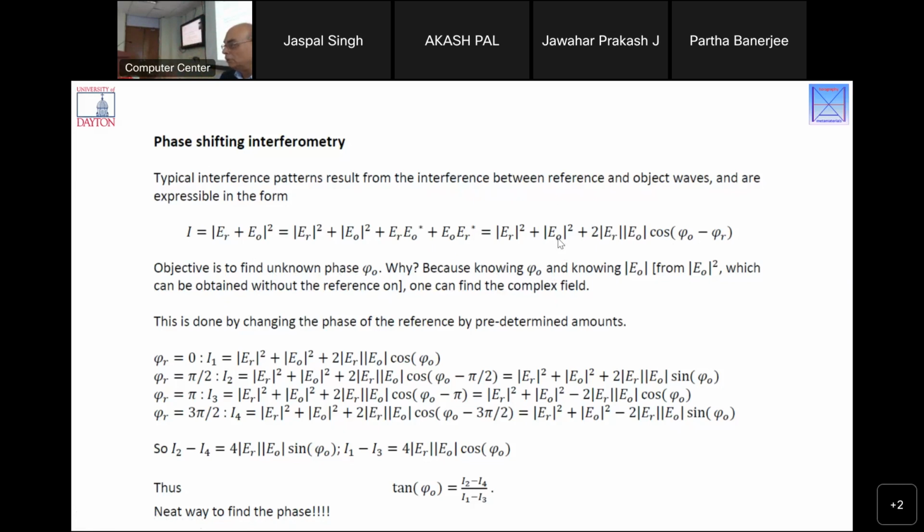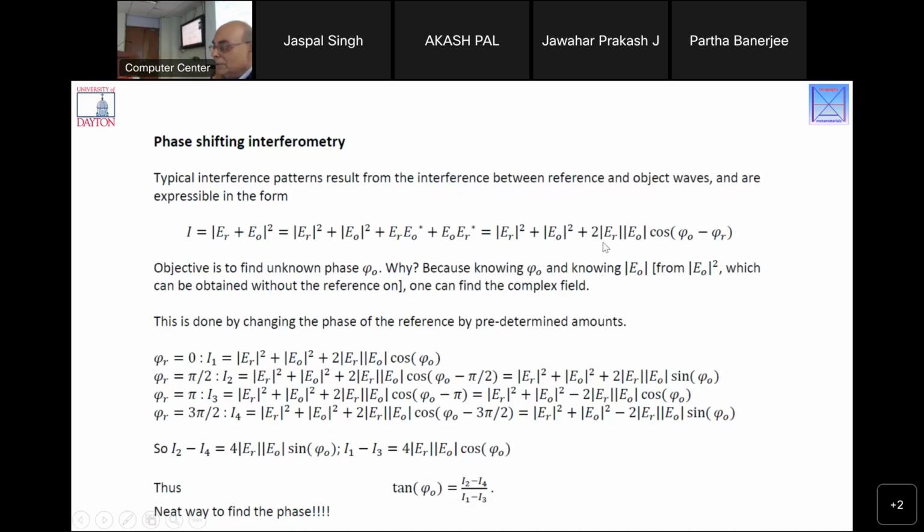If you know the object intensity, you take the square root of that, and you get the magnitude of the object field. And if you can find the phi o, which is the phase, then the complex object field would be the magnitude of E_O times e to the j phi o. So that's my complex field. That's why people want to know what the phi o is.